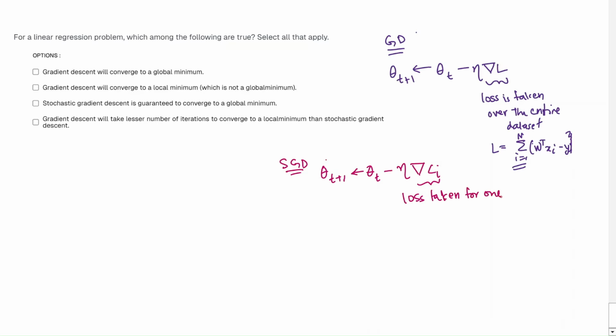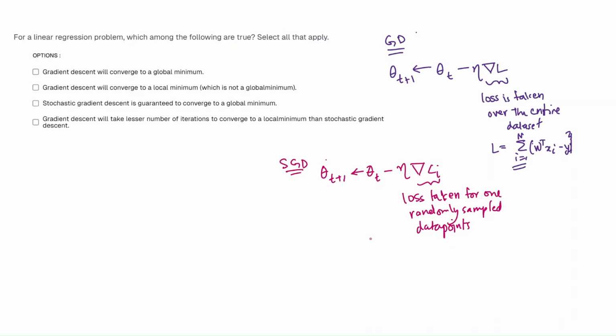There are other variants to this, things like mini batch gradient descent, where instead of one data point, you take multiple data points, right? Again, not the entire data set, because computing the loss function over the entire data set and taking the gradient of it is computationally very, very expensive.